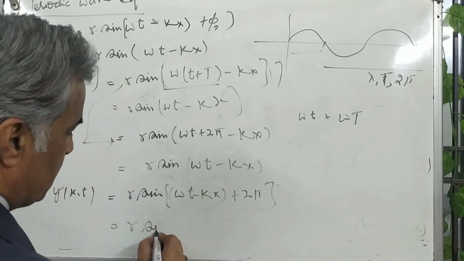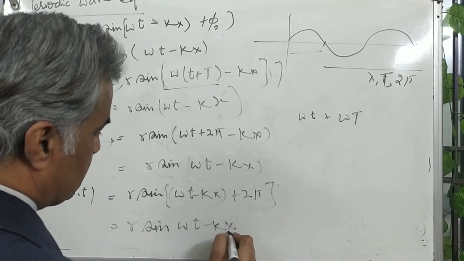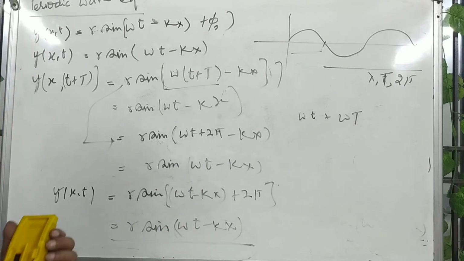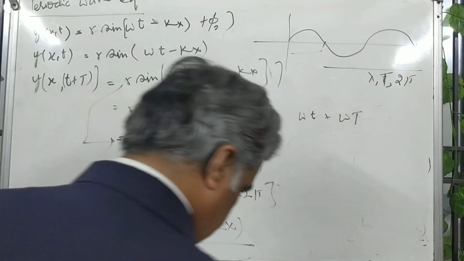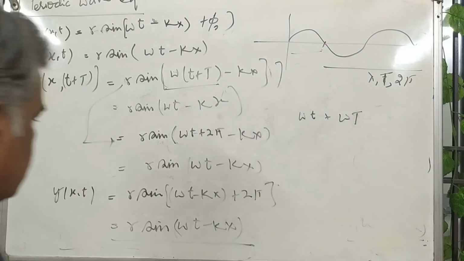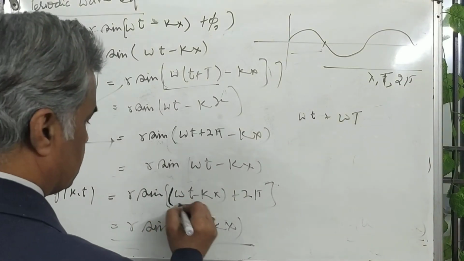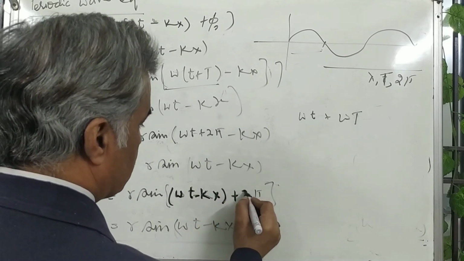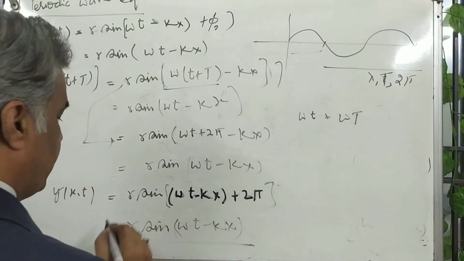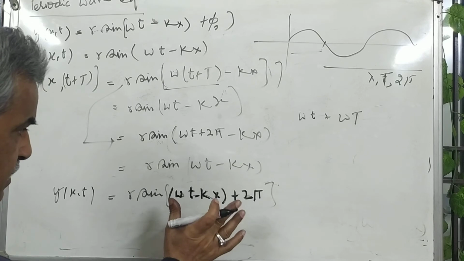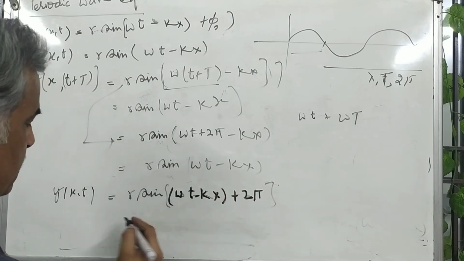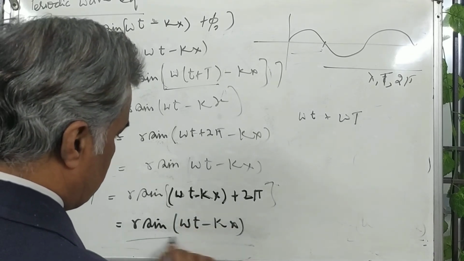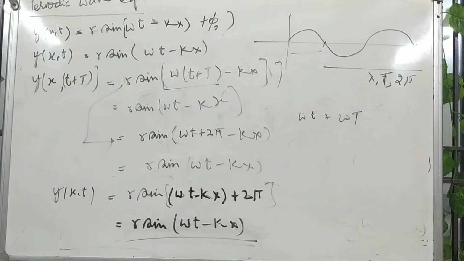The same answer, r sin (omega t minus kx), because you know it very well: sin 2 pi plus theta equals sin theta, so this is r sin (omega t minus kx).